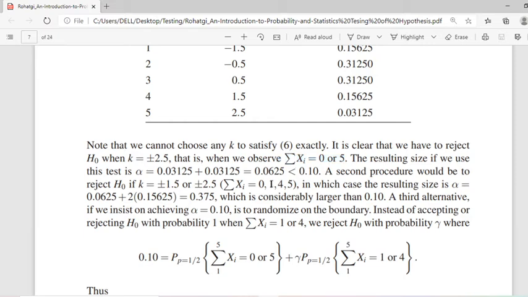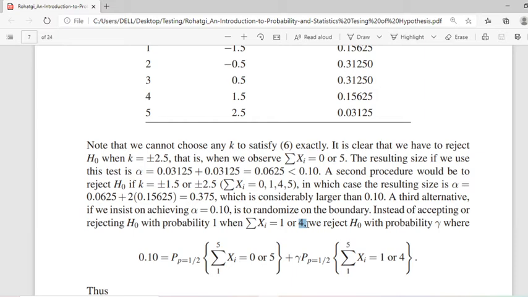At the same time, when we observe 1 or 4, we cannot reject directly, but we can consider a randomized procedure. A randomized procedure is to compute the probability of rejection, gamma, when we observe summation x equal to 1 or 4.